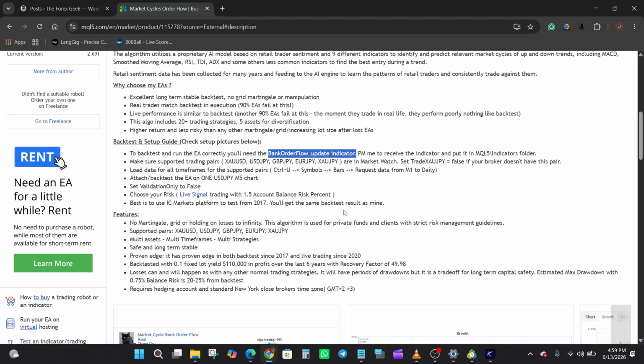There are also recommendations regarding loading historical data, attaching the EA to a USD JPY M5 chart, and ensuring supported symbols are available in MarketWatch. The description further notes that a hedging account and a broker using a standard New York close server time are required. Now, let us just move over to the historical backtesting section, shall we?